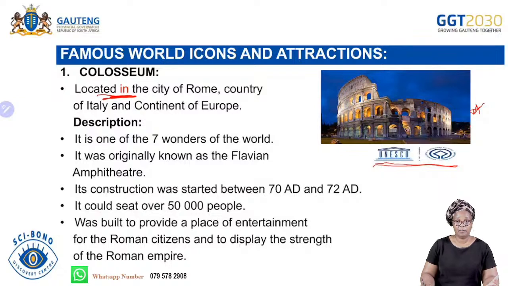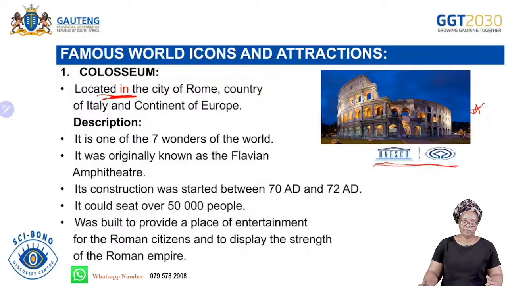It is so big. This Colosseum is so big. You can see it, close to 50,000 people can be seated in this amphitheater. The reason why it was built was for entertainment.